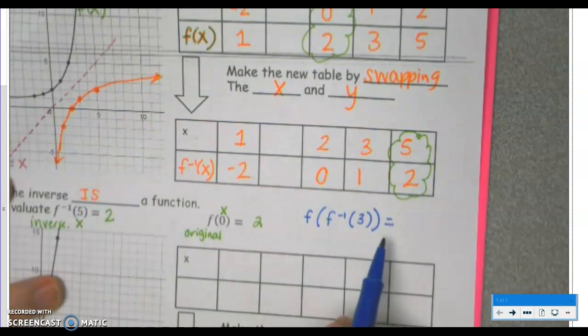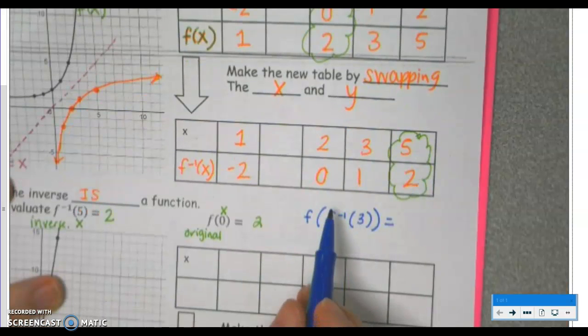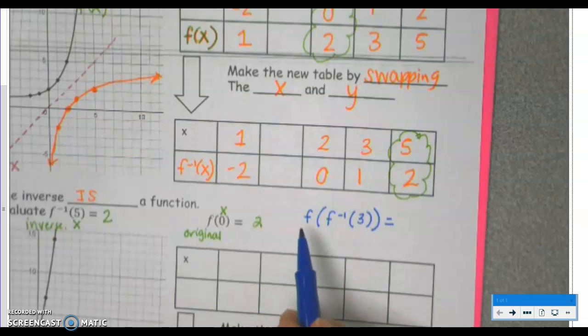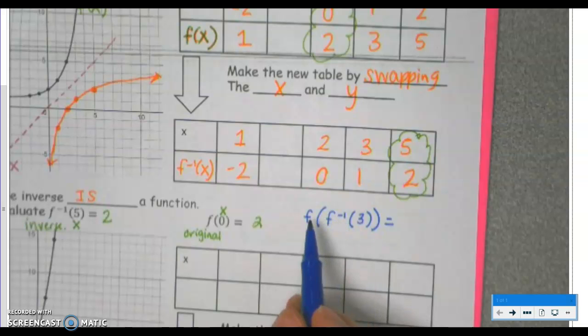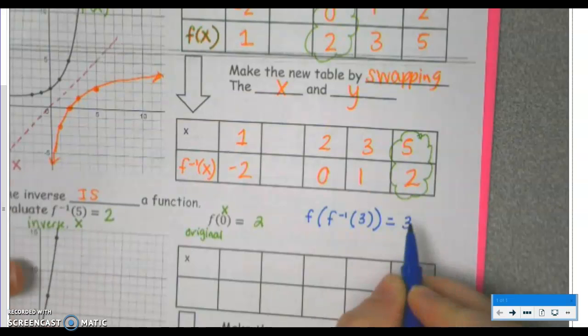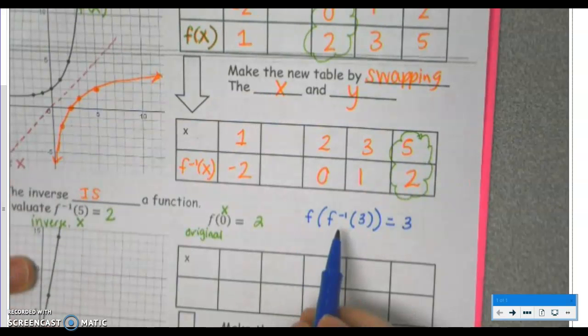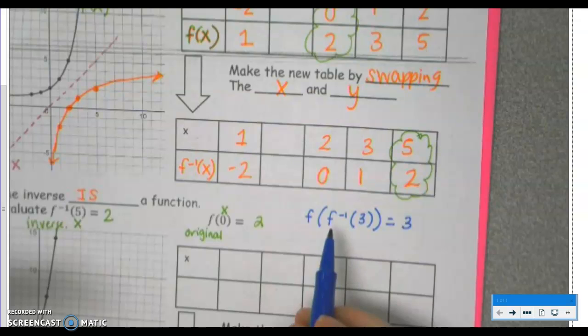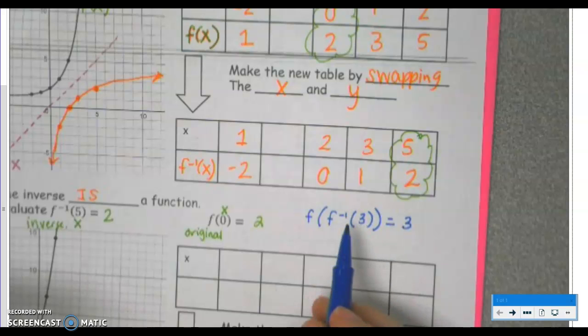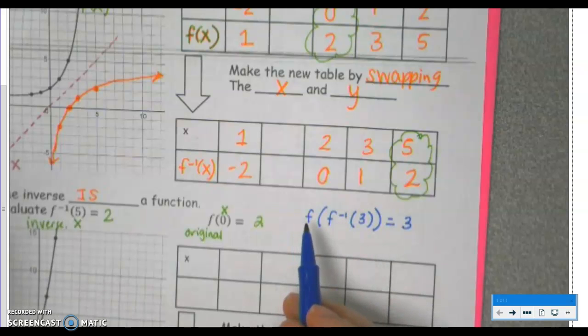So this is called a composition. And so a composition, we do what's on the inside first and then work our way out. Now, this is the original copy and the inverse. So this is going to come out to equal 3 because you're just swapping the x's and the y's twice. So you swap them the first time to do the first answer, but then you're just going to swap them again to do the other one.